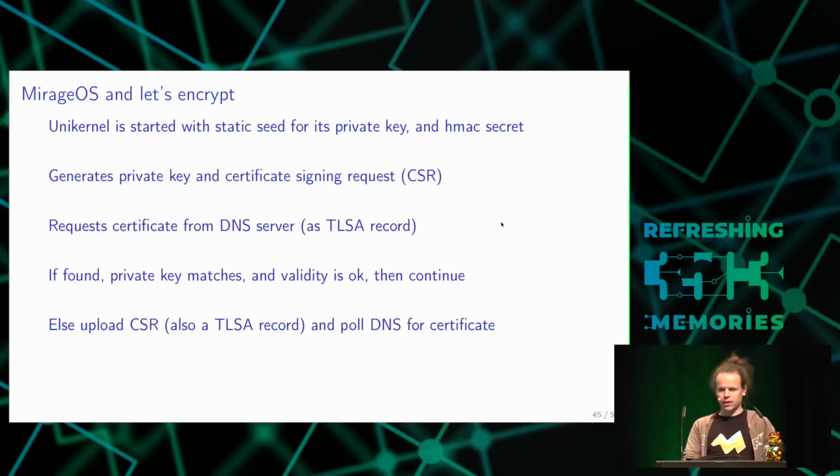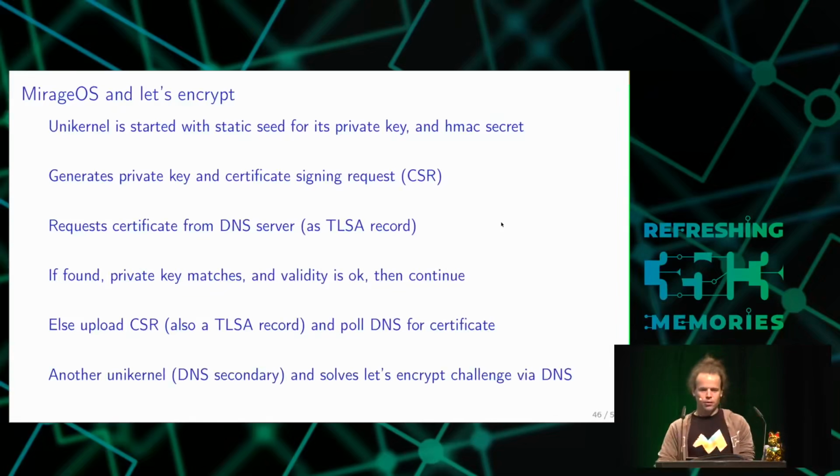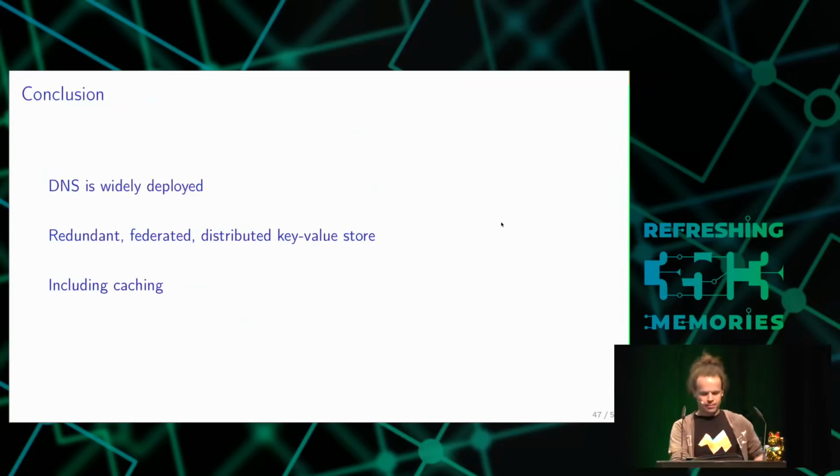And the DNS server is then polled periodically for a certificate. In the meantime, another unikernel, which is a DNS server, is notified and communicates with Let's Encrypt and tries to provision that certificate. So that's how I do my deployments of DNS and Let's Encrypt signed certificates.